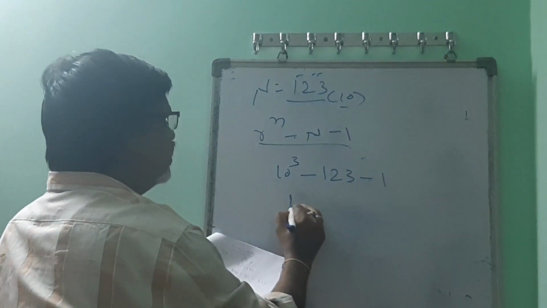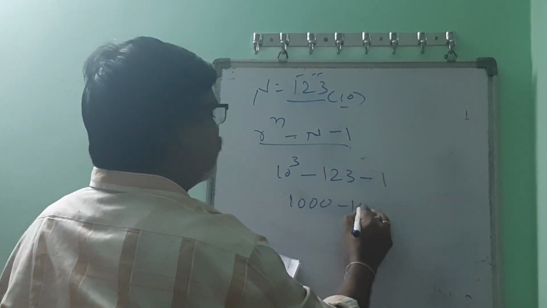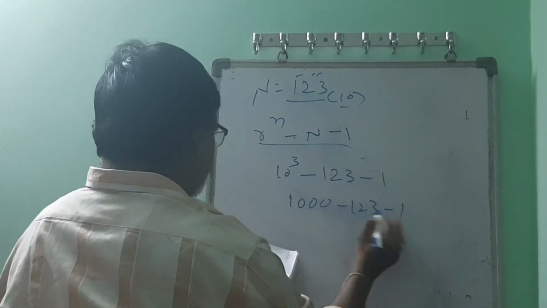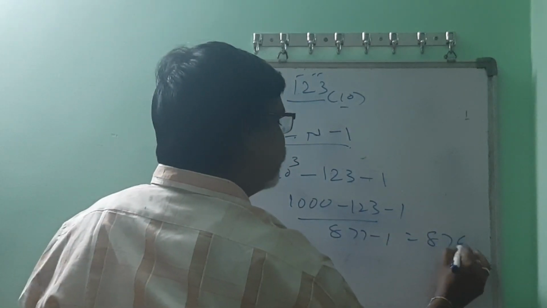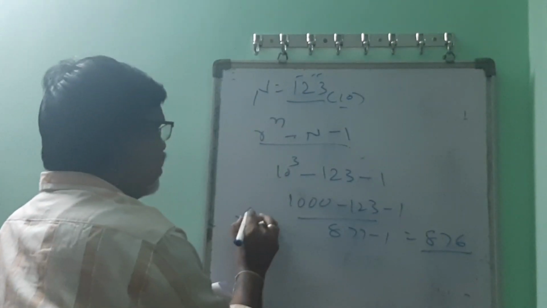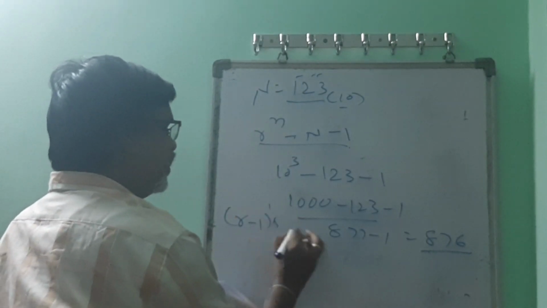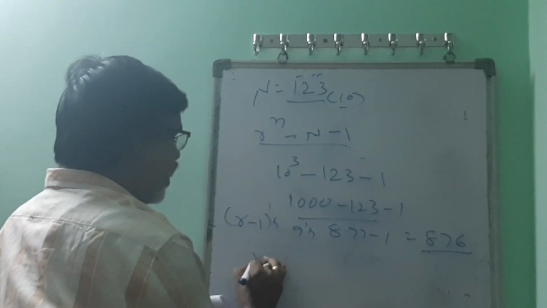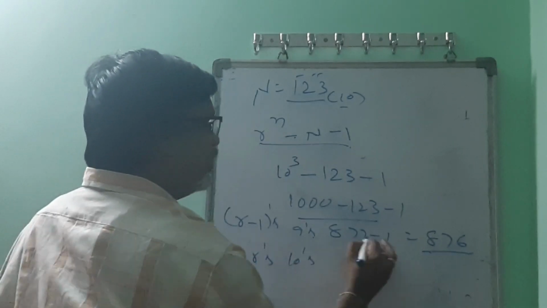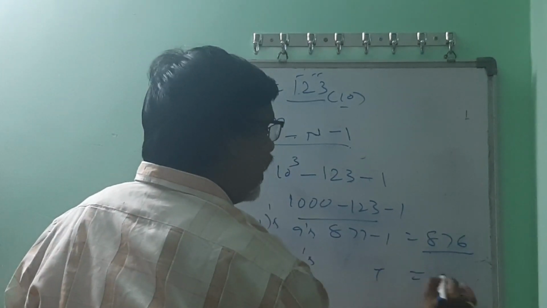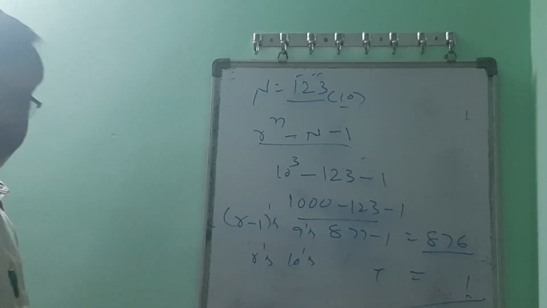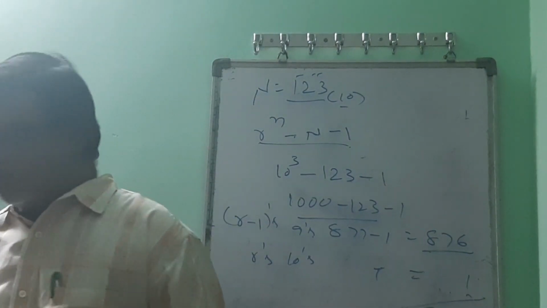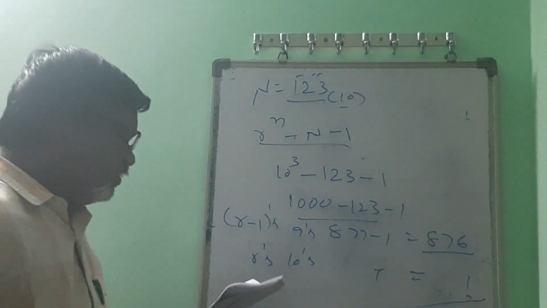So 10 power 3 is 1000 minus 123 minus 1. So this will be 877 minus 1, which is equal to 876. This is r minus 1's complement, that is 9's complement. If you want r's complement or 10's complement, simply add 1 to it. So 877 is your 10's complement. This is the way you get the r's and r minus 1's complement.